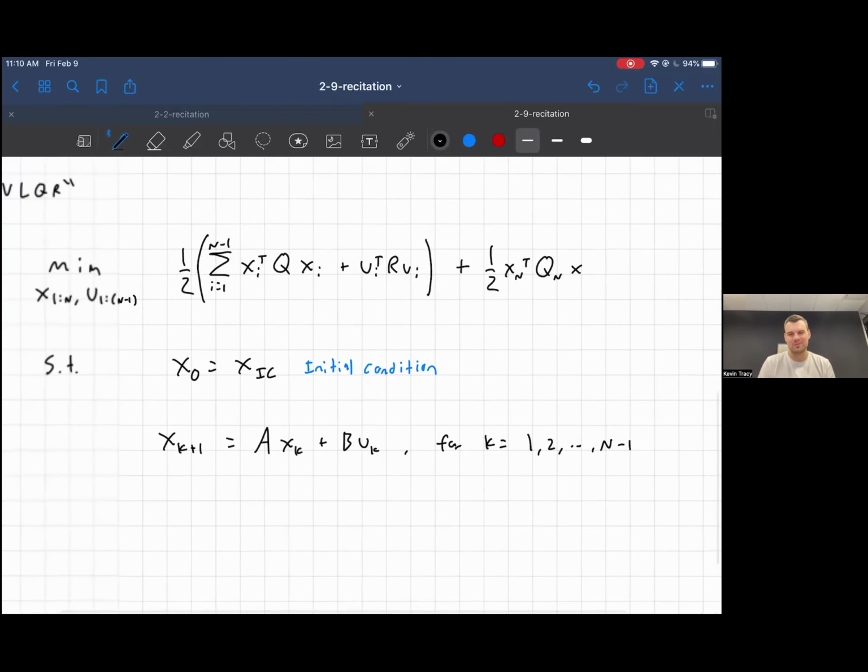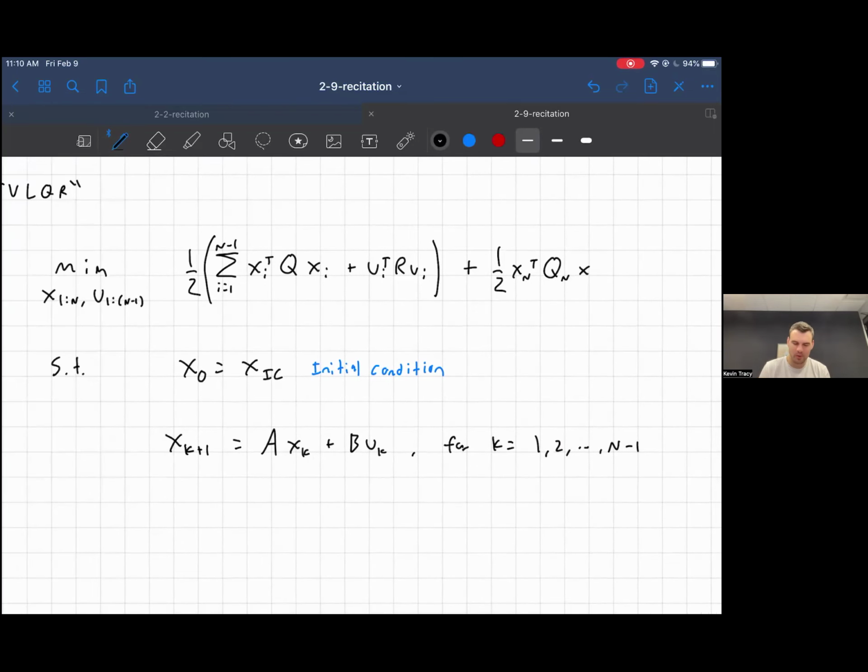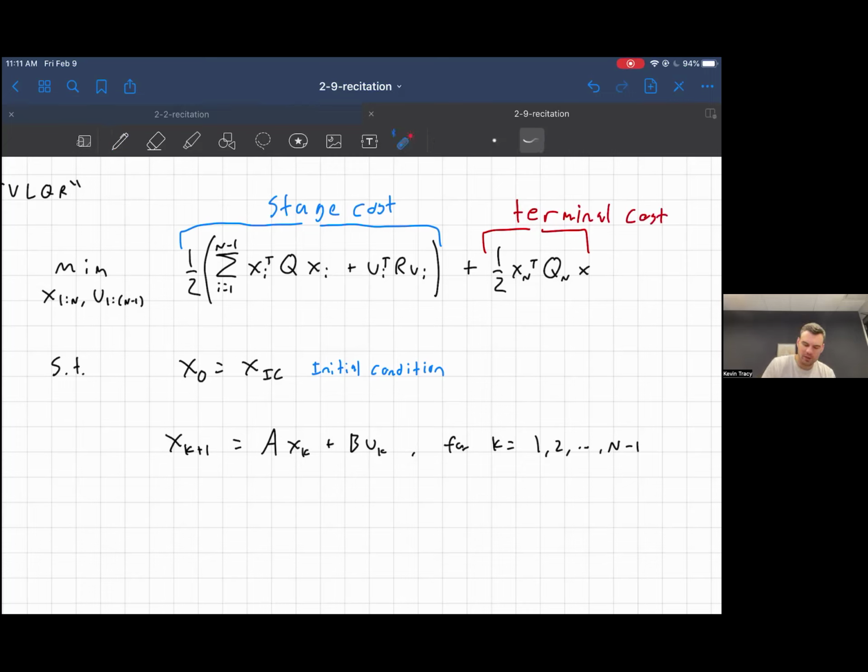All right, so this problem, while it may look simple, it's super important to understand what all these pieces do. So the first thing we're looking at here, this is what's called our stage cost. And this is terminal cost. And then we have our initial condition constraint saying start where we're supposed to start. And then we have our discrete time dynamics. So how does the system move over time?